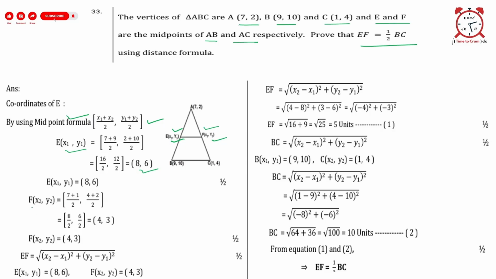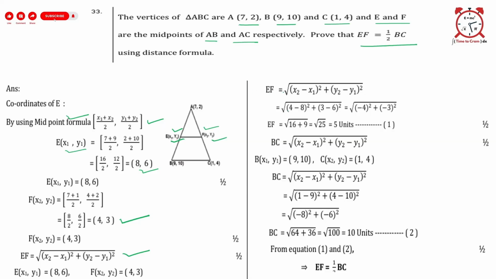So the coordinates of F (x2, y2) equal (4, 3). Now this is the distance formula, you know that: the square root of (x2 minus x1) whole squared plus (y2 minus y1) whole squared. Now we have these coordinates.